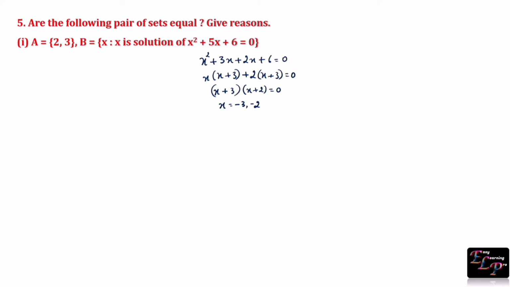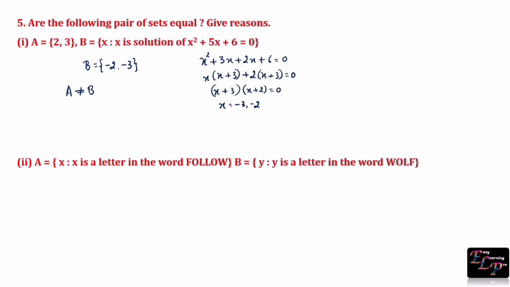Now let us write set B in roster form. It has two elements, minus 2 and minus 3. You can write it in any order. Now compare set A and set B. The elements are not the same, hence these two sets are not equal. Let us write these two sets in roster form.